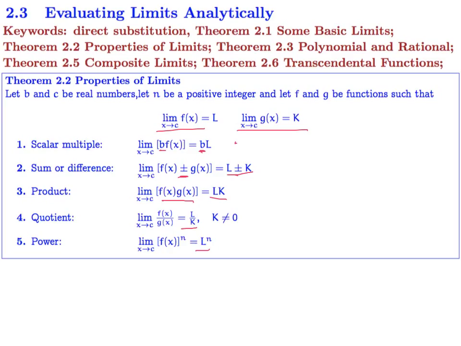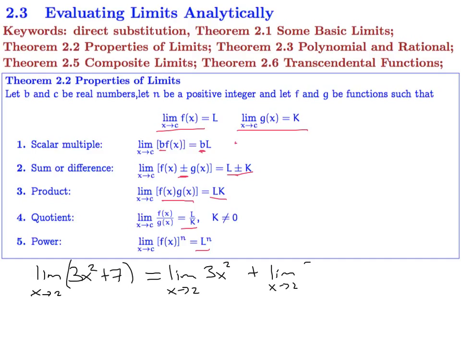Let's suppose that we wanted to compute the limit as x approaches 2 of 3x squared plus 7. Well, what we can do is think to ourselves, I want to compute this limit, I should try to break it up. And I can break it up across the addition into two easier limits here.